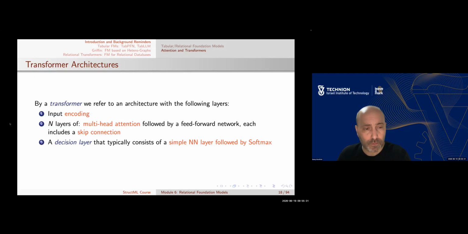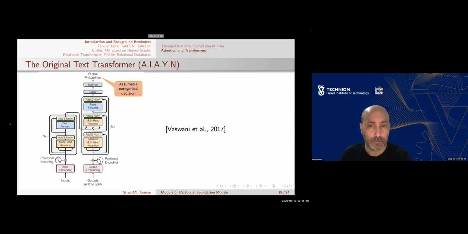And in the end, you have a decision layer, which is usually a simple neural network layer, nothing extremely fancy, followed by some softmax, which means that we are basically looking at classification models.